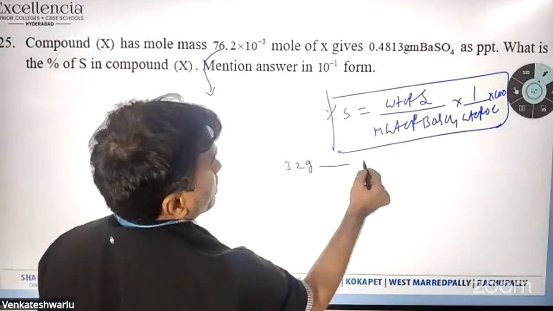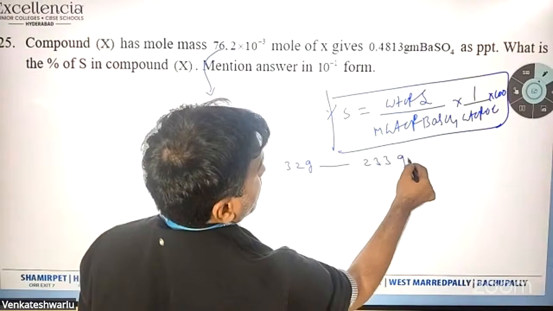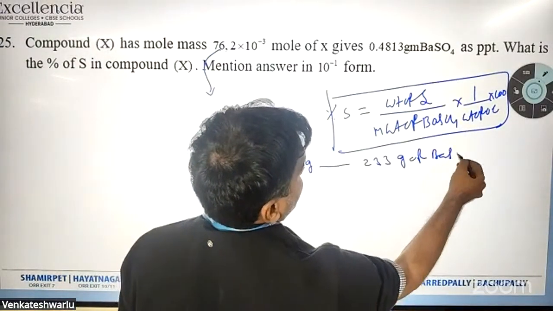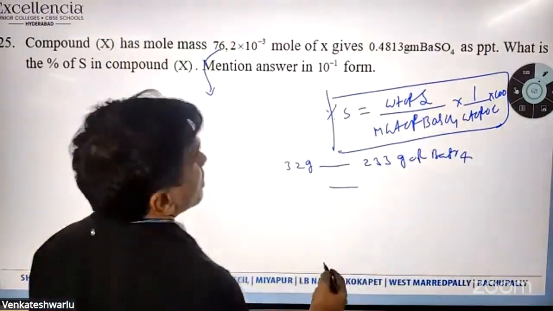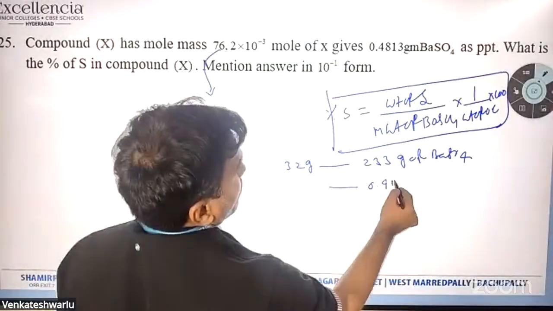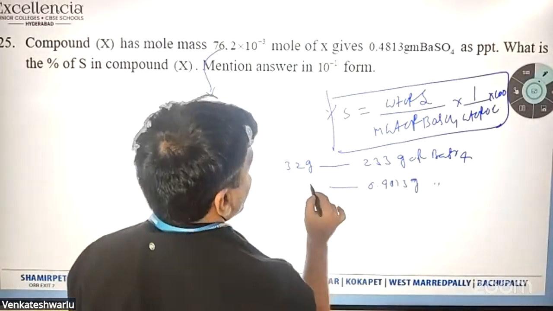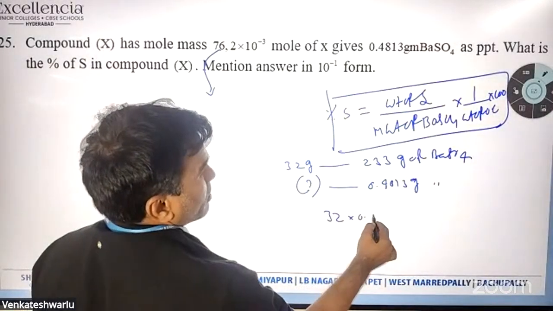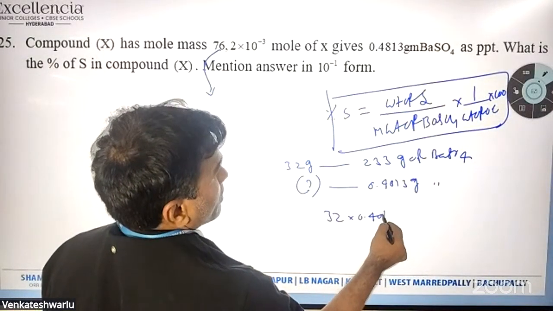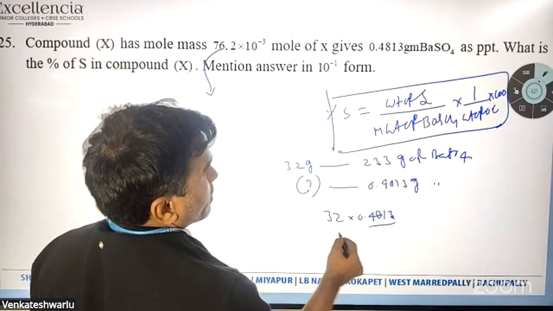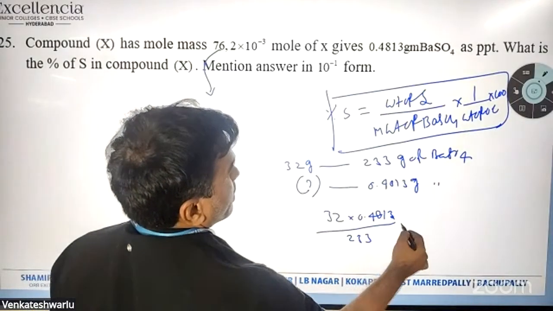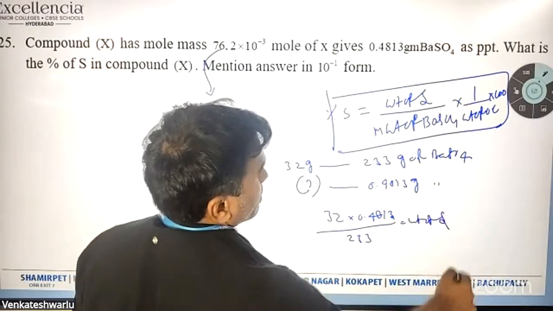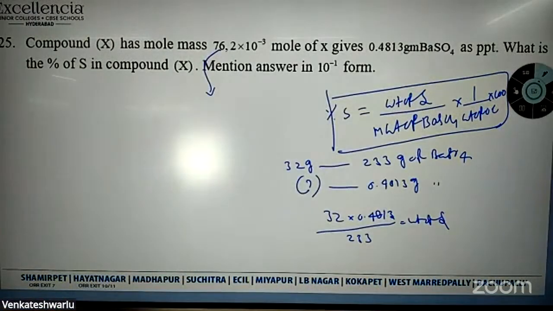32 grams of sulfur is in 233 grams of BaSO4. Now 0.4813 grams of BaSO4 is how much sulfur? So 32 into 0.4813 by 233. This is the weight of the sulfur. Now the weight of the organic compound we have to find.